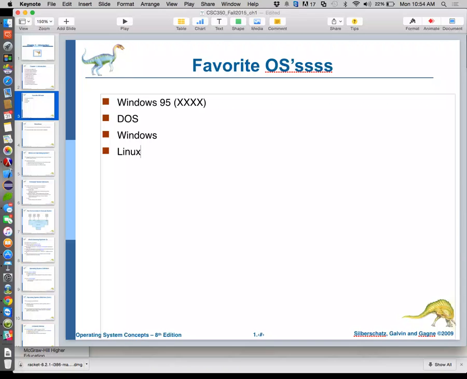Everything you guys are describing there are something called distributions. The actual operating system is something called a kernel. So with Linux, the operating system itself is the Linux kernel. With DOS, the operating system is actually DOS.